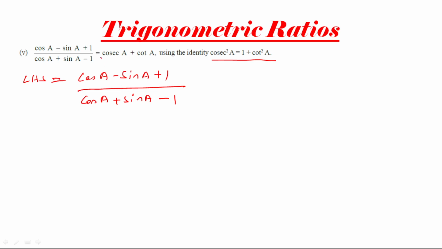We need to make it as cosecant A and cot A. We have to get cosecant A plus cot A. So that particular part we need to find it out.